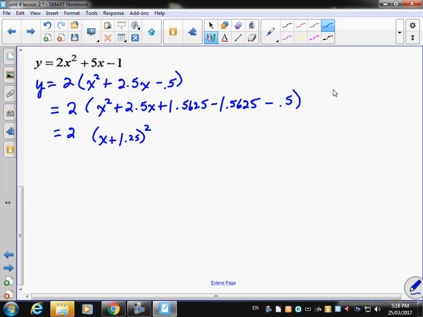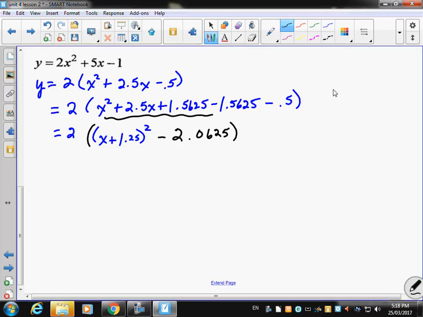I have my first 3 terms are the same as x plus 1.25 squared. The other 2 go together, sort of like leftovers. So you have 2 subtract 2.0625. All of that had been in brackets when I factored out the 2.